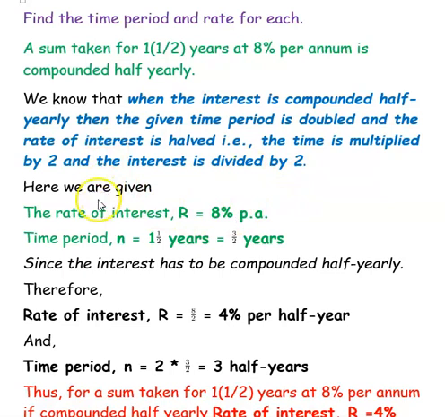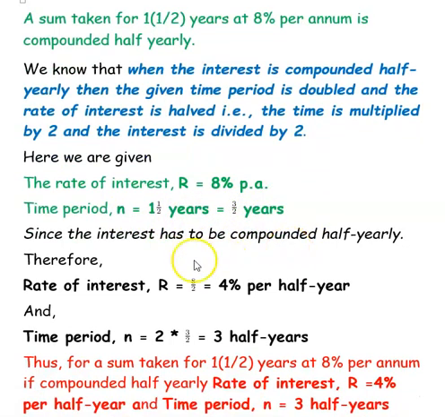Now, it is given that time is 1.5 years and rate is 8%. So the rate of interest R is 8% per annum and the time period N is 1.5 years, that is 3/2 years if you simplify it. Since the interest has to be compounded half yearly, the interest will be divided by 2.